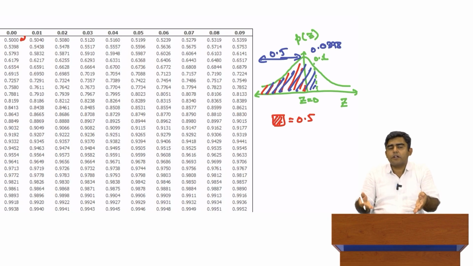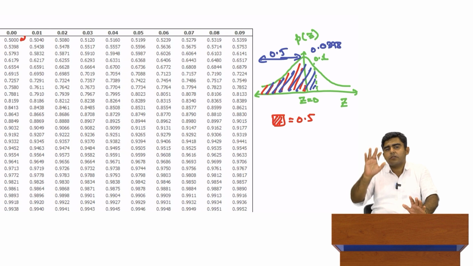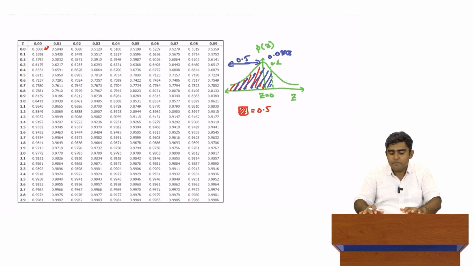And this particular table has the first entry as 0.5. So we have to really understand this particular figure and this table. And this table is nothing special. It's just the integration of the function, that exponential function that we saw, and it makes our life easier if we can visualize these particular elements clearly.